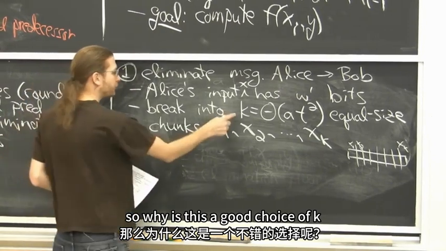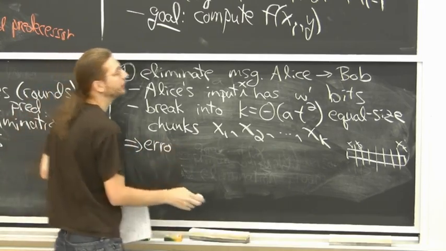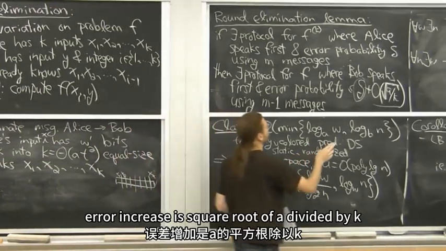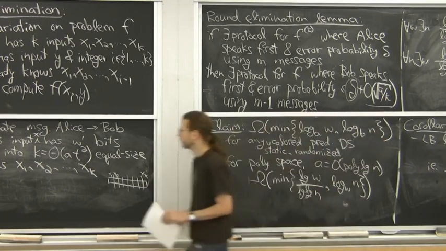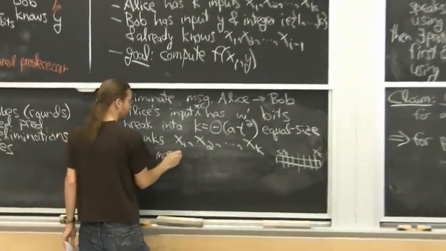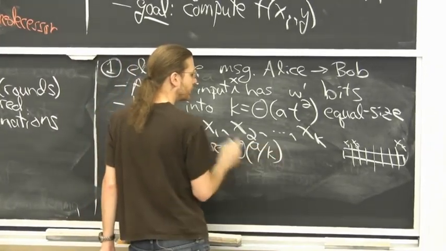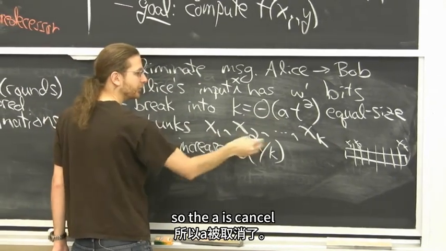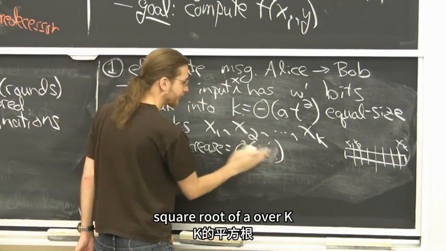So why is this a good choice of k? Because if we look at the error increase we get from here, the error increase is square root of a divided by k.